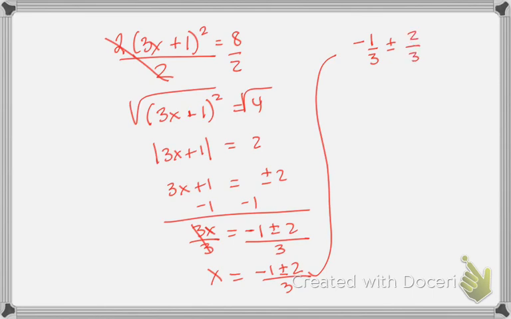They're both over 3. We have to divide both sides. So I'm doing -1 over 3 plus 2 over 3 and -1 over 3 minus 2 over 3. So we get positive 1 over 3, and here we're going to get -3 over 3, and that makes 1/3 or -1.